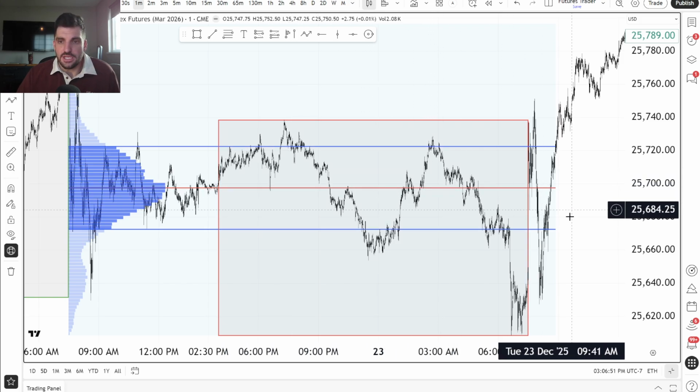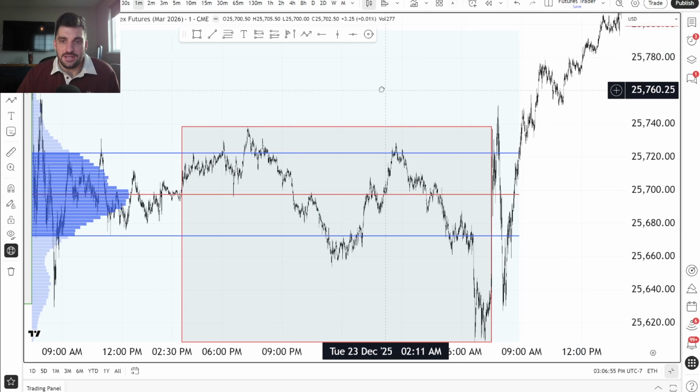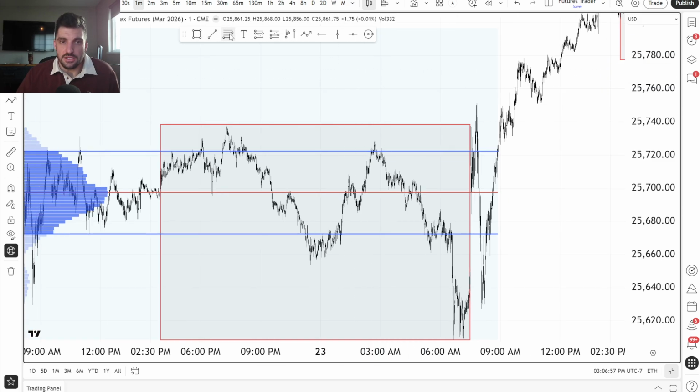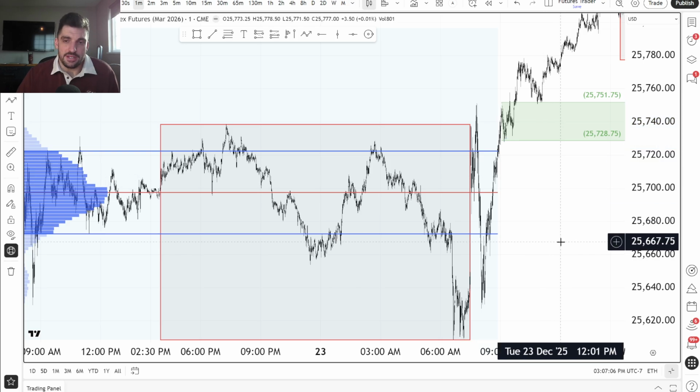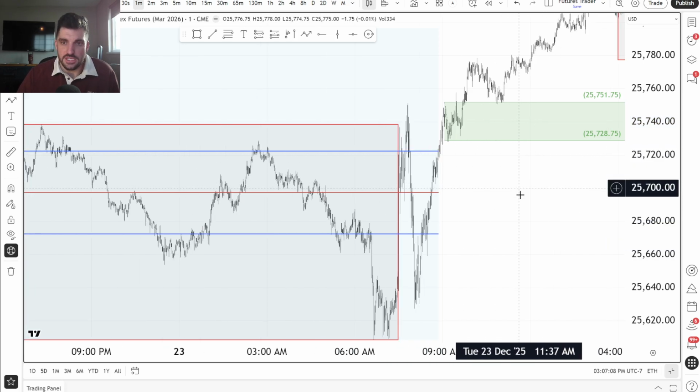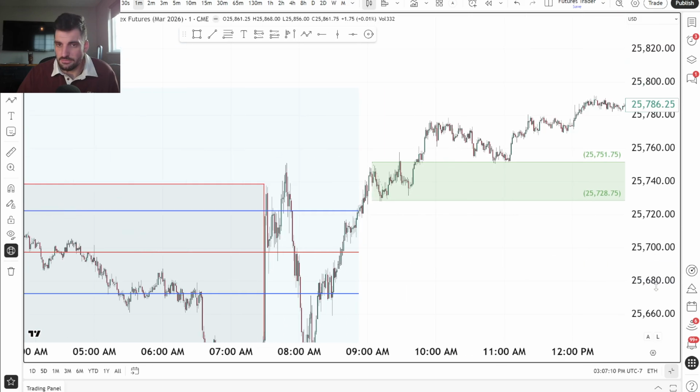And then what do we see? Once the New York session starts, we can see that a new balance is actually being built higher up here, and realistically a little bit higher as well, depending on what time frame you're using. But we can certainly see that there is some basing here.